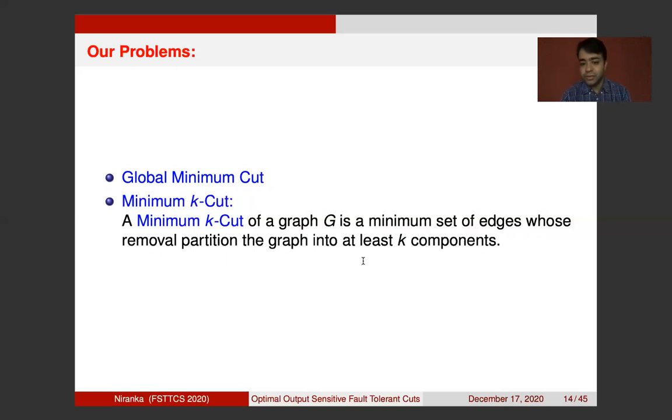Both these problems are very well studied in the static setting. This problem has also been studied in the distributed fault tolerance setting, as well as the data structure query model in the fault tolerance setting, but not in the fault tolerant subgraph setting. So as far as we know, we are the first to study this.